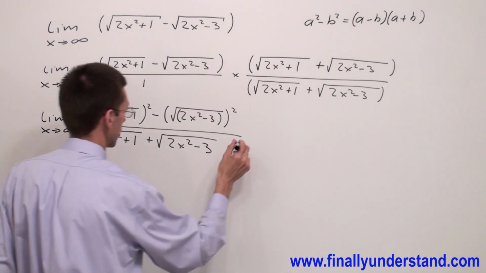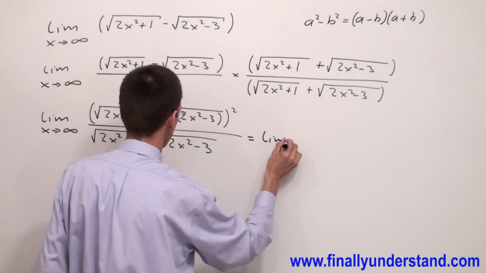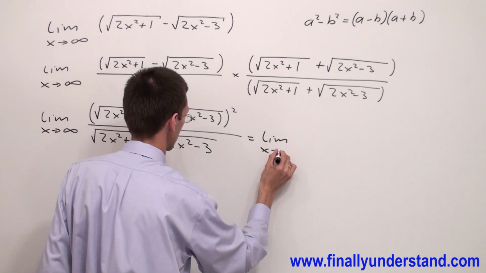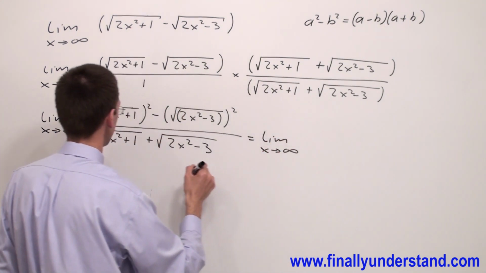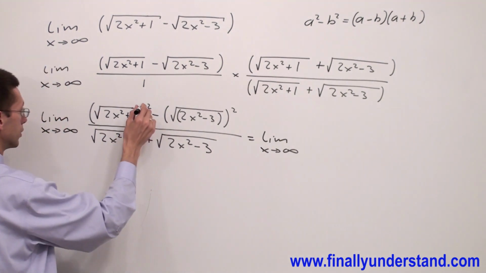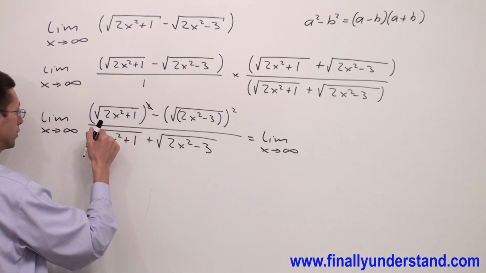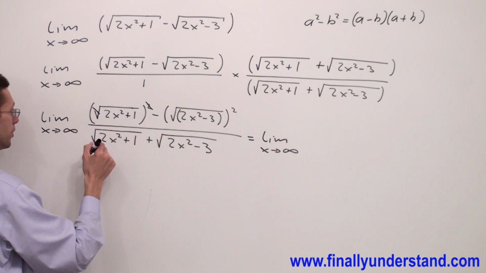You can rewrite this as the limit with x going to infinity, and in the numerator, please notice, this exponent is going to eliminate this radical.